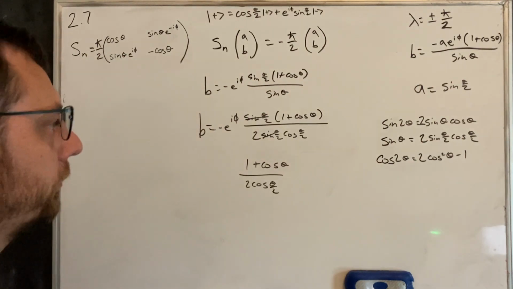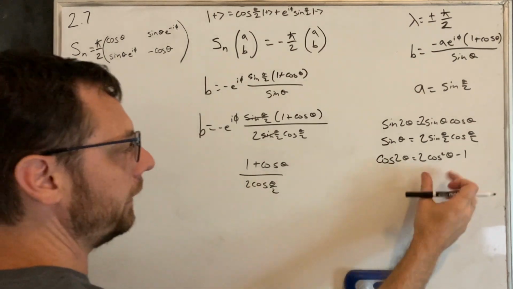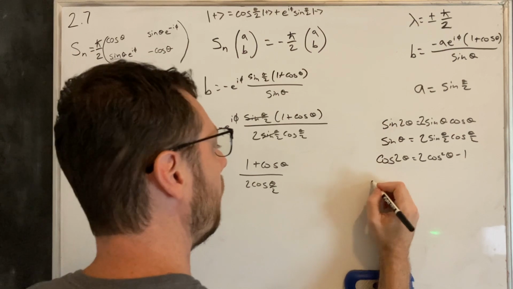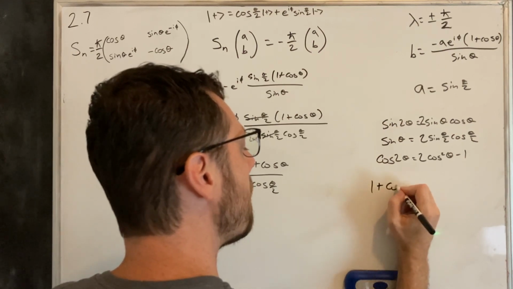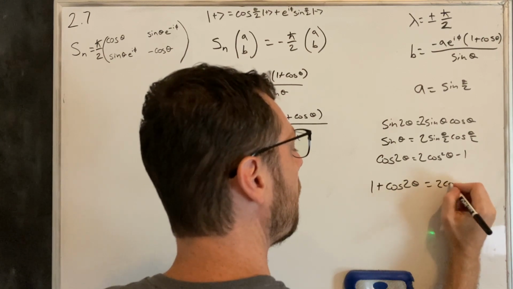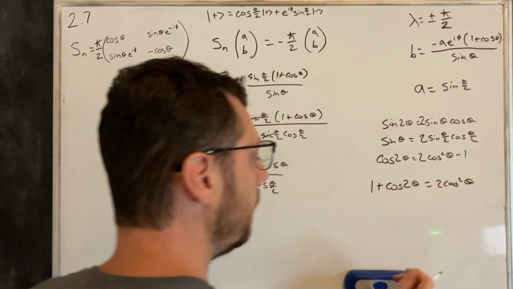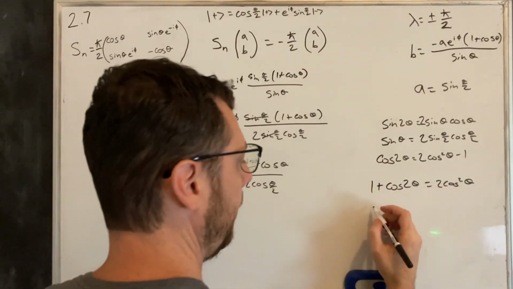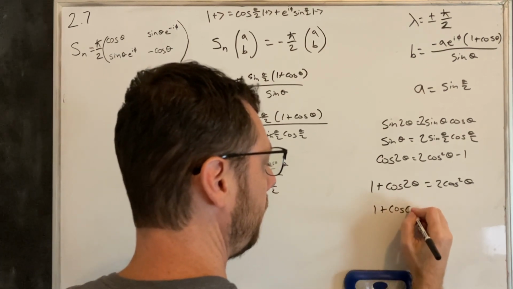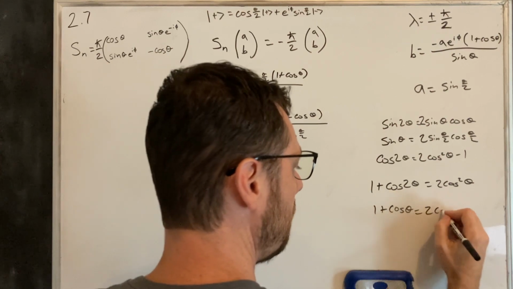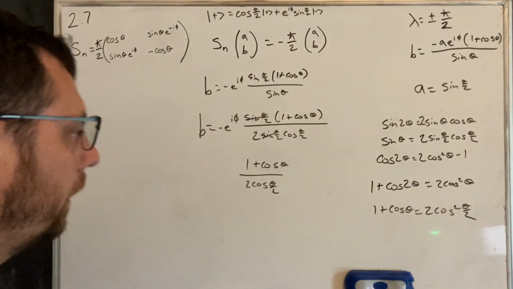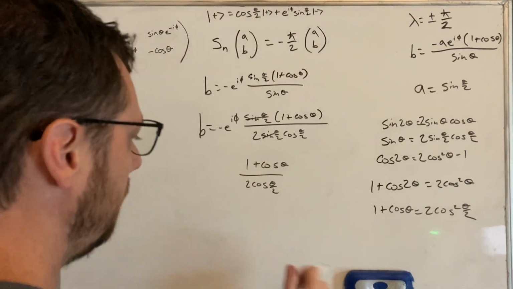This 1 plus cosine theta we can get from here. If we add 1 to both sides, we have 1 plus cosine 2 theta equals 2 cosine squared theta, and let's cut that angle in half. So 1 plus cosine theta equals 2 cosine squared theta over 2. There's our 1 plus cosine theta.